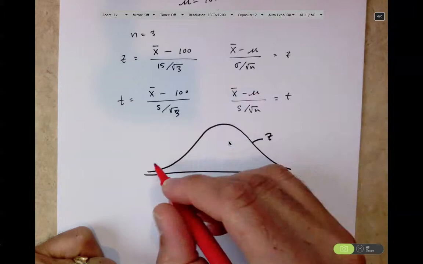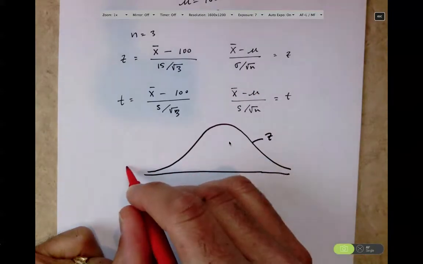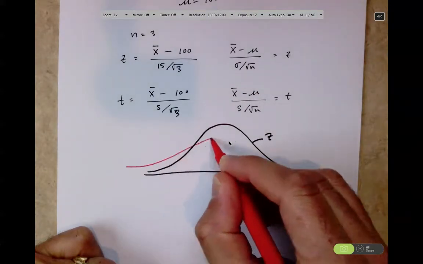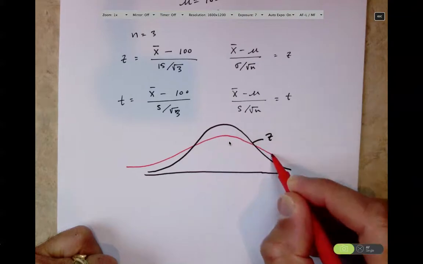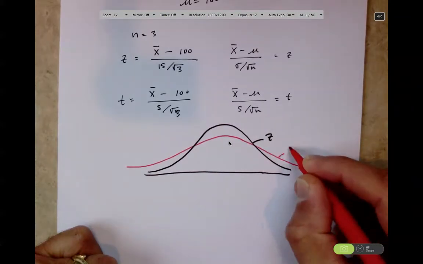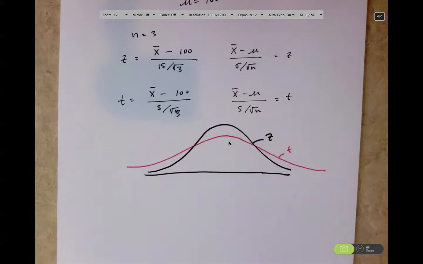It's going to be wider and more spread out. Has more variability. All right, it's still mound-shaped and looks kind of normal looking, but it has more variability than the z distribution does.